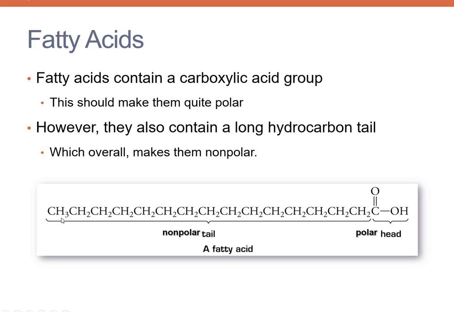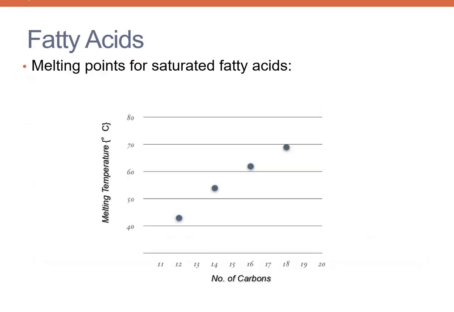Here you can see a long tail like CH3, CH2, CH2, CH2, CH2, CH2. This entire tail is non-polar, and this non-polar tail is responsible for the hydrophobicity of fatty acids. So you can imagine a structure where you have a head which is hydrophilic but a long tail which is hydrophobic.